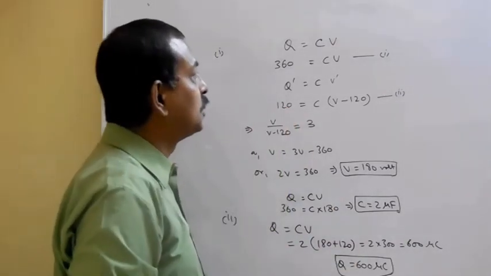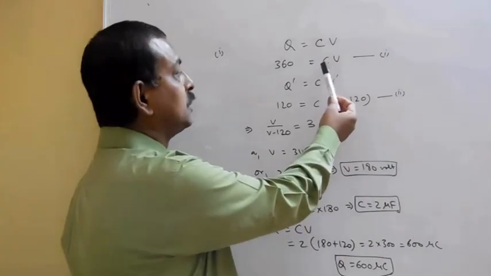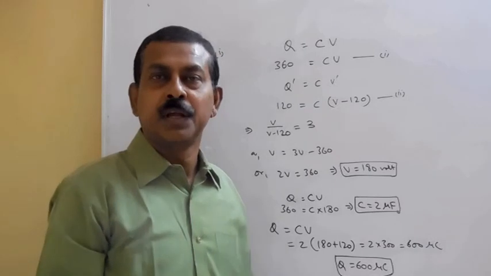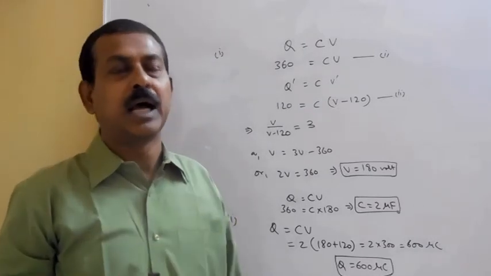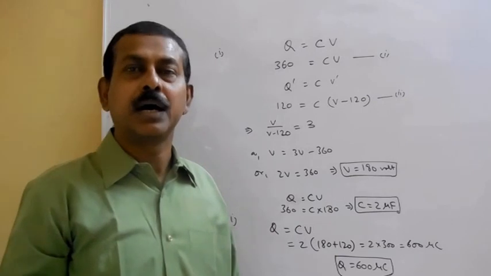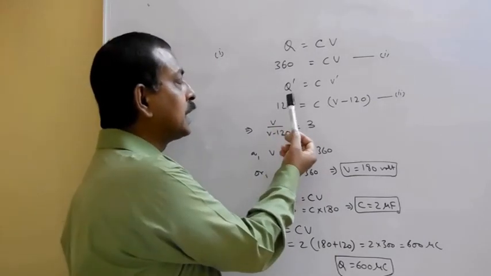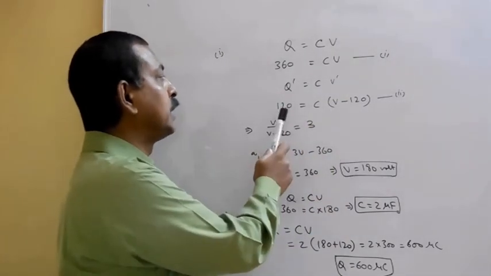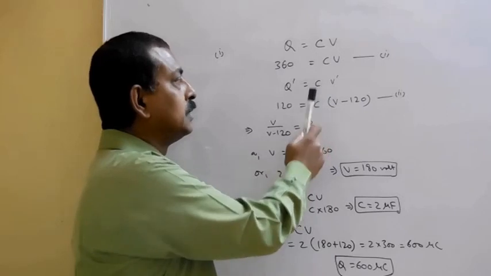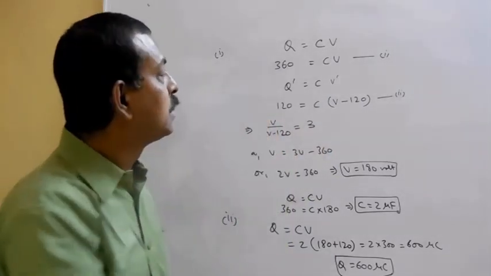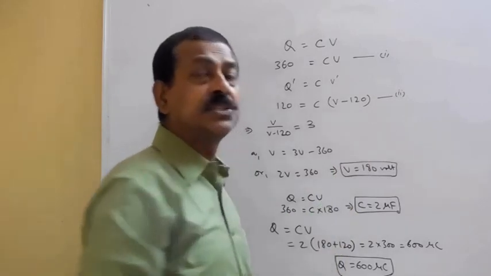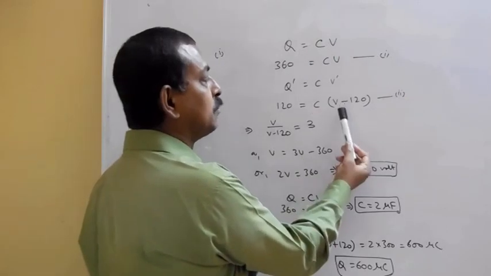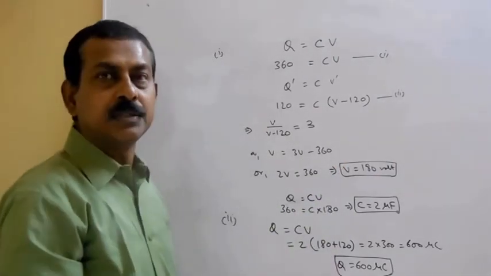It is given that the charge is 360 microcoulomb and it is C into V. Let's call this equation number 1, because here the capacitance value as well as the potential difference are both unknown. In the second case, when we change the voltage, the charge has become 120 microcoulomb with the same value of capacitance. The potential difference, since it is decreased by 120 volts, is now V minus 120.